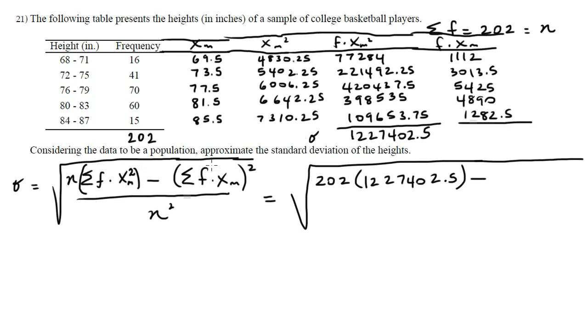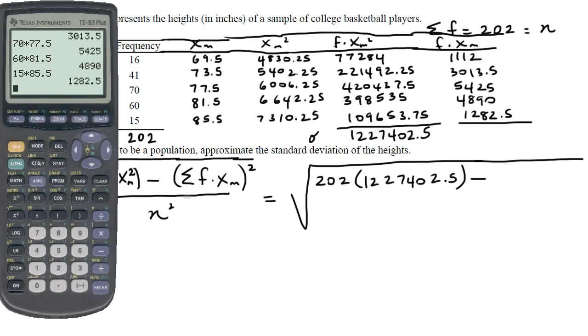And I have to sum all of that. Okay, 1112 plus 3013.5 plus 5425 plus 4890 plus 1282 is 15723.